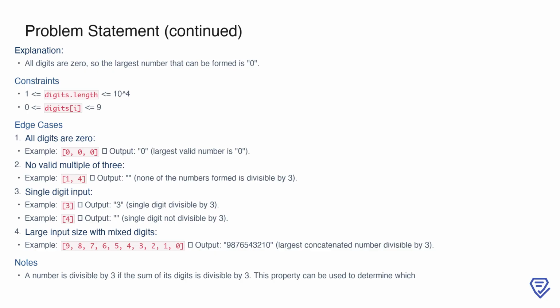But if the single digit isn't divisible by 3, like 4, the output is empty. Finally, for larger arrays with mixed digits, like 9, 8, 7, 6, 5, 4, 3, 2, 1, 0, the output would be 9876543210, the largest concatenated number divisible by 3.